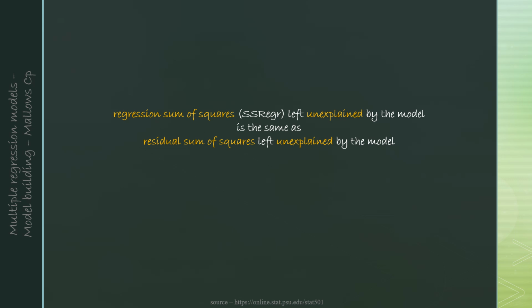Regression sum of squares SS reg left unexplained by the model is always the same as the residual sum of squares left unexplained by the model. This equality justifies the use of the estimate Mallows Cp in place of gamma p.